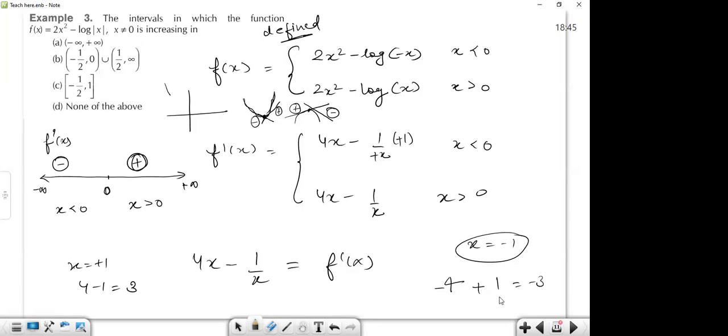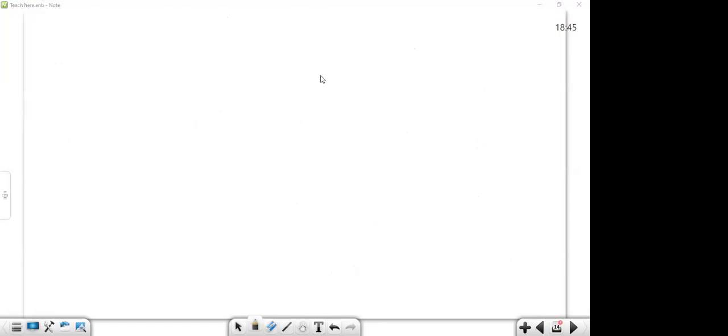laptop is freezing. Is my voice audible?